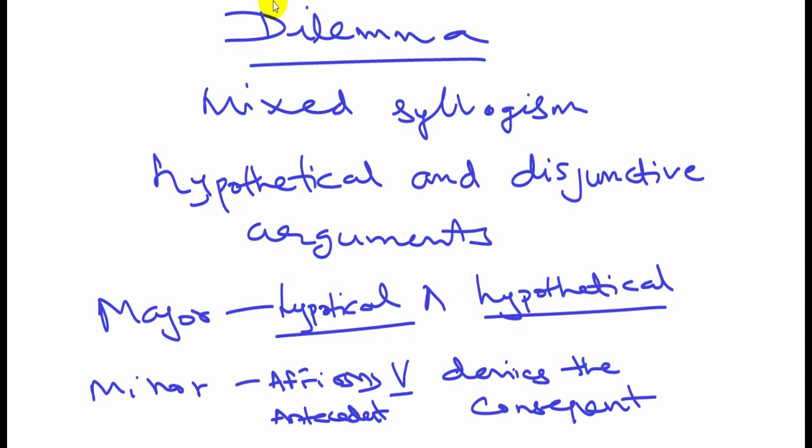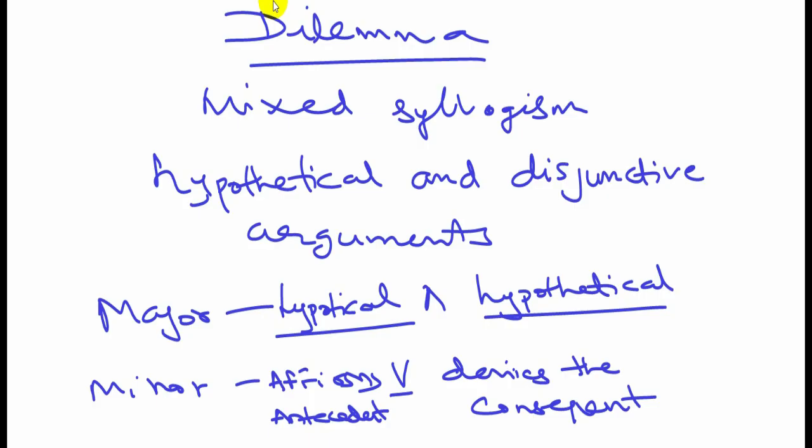When a minor affirms the antecedent, what is it called? Recollect, it is known as modus ponens. And when the minor denies the consequent, recollect what it is known as: modus tollens.